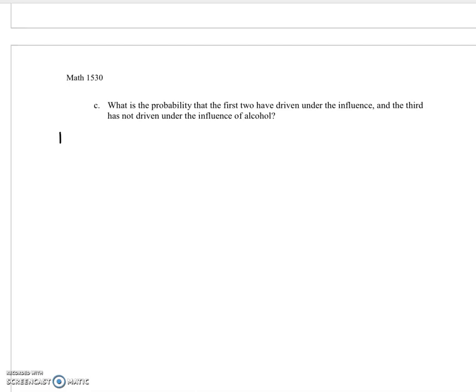So that's the probability that first was, I'll just write DUI, and the second was DUI, and the third was not DUI.